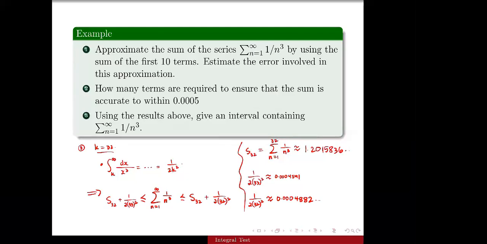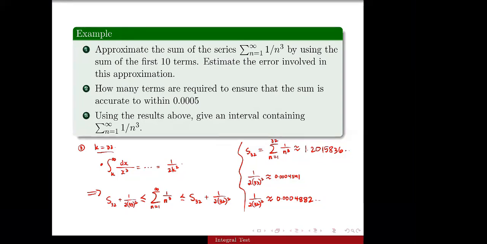So for the left hand side, we'll just have to add this and this. I'm going to add them: 1.2015836 plus 0.0004591.